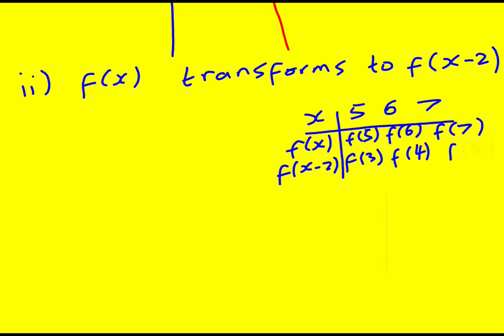If we were to plot that, just a little sketch of what's going on, maybe the original function, at 3, 4, 5, 6, looks like this.